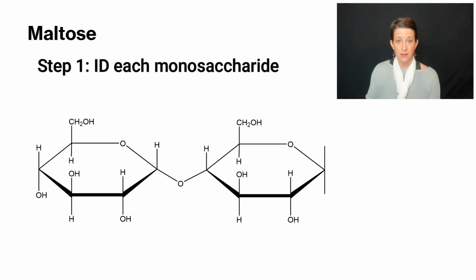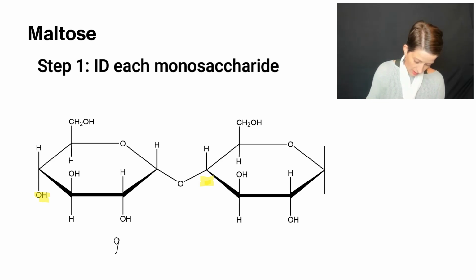As we have talked about, they differ at the position of carbon number 4. Glucose has the hydroxyl group going in the downward direction, whereas galactose has the hydroxyl group going above. Therefore, each of these monosaccharides is a glucose.